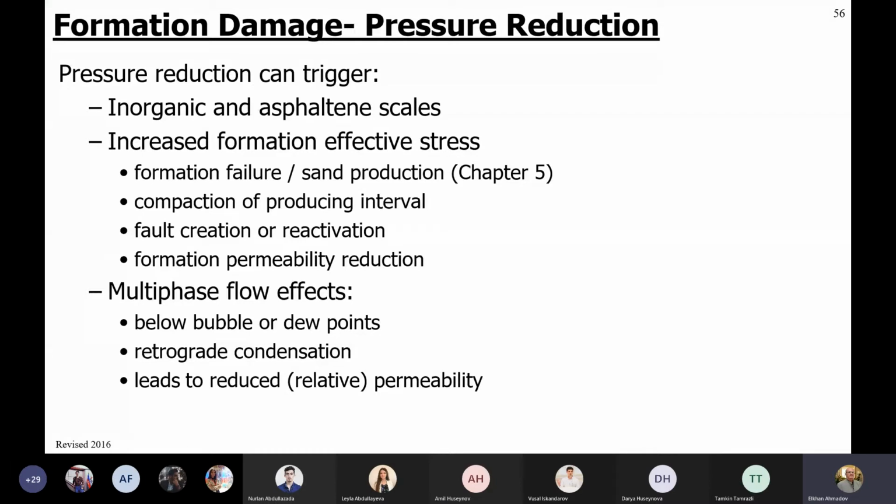It might cause compaction of the producing interval, and hence the formation permeability may reduce.